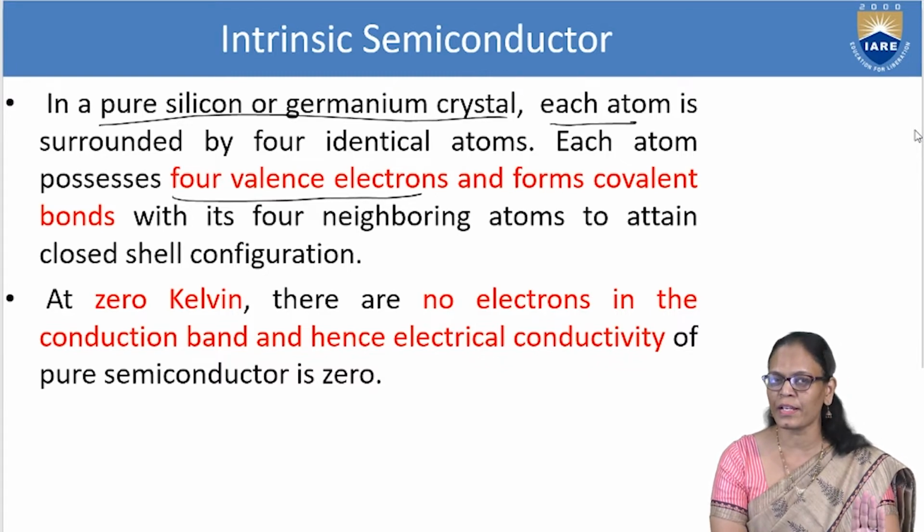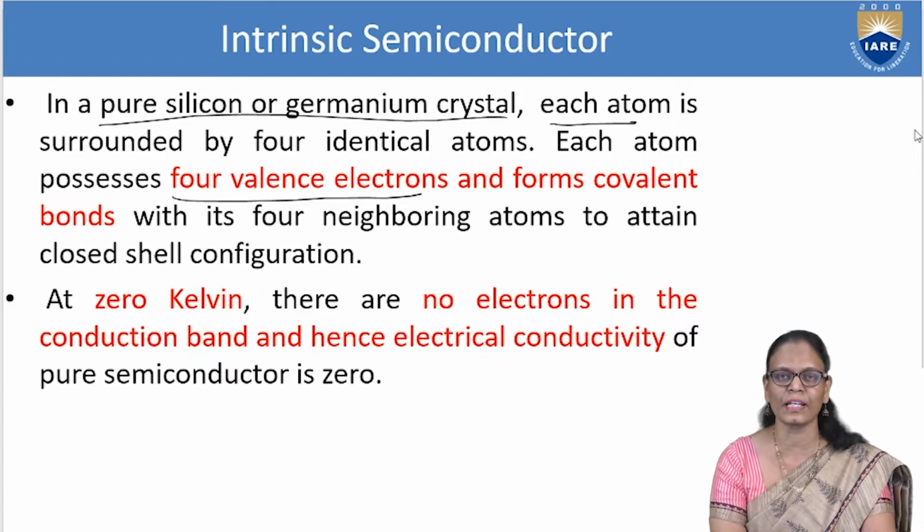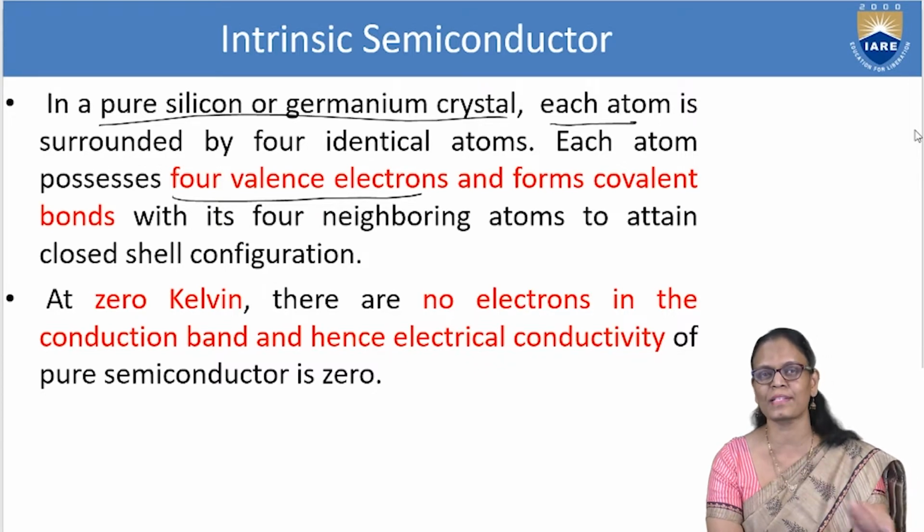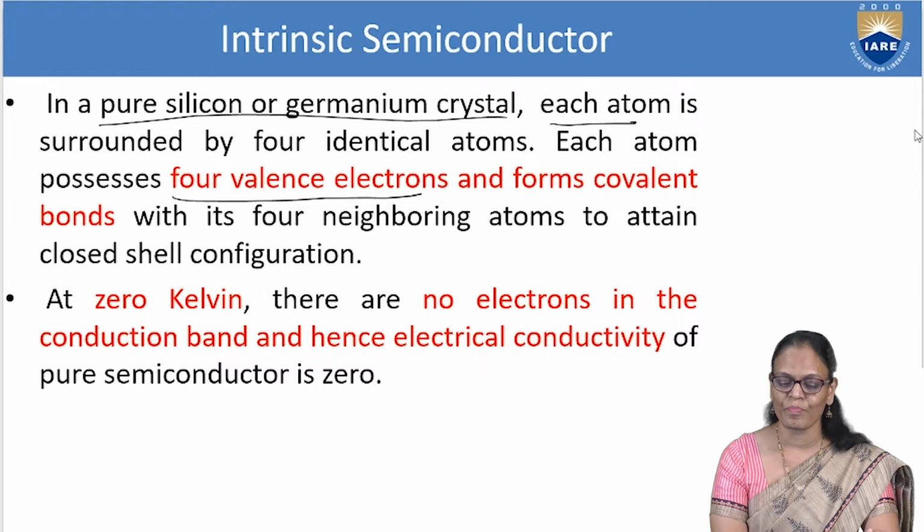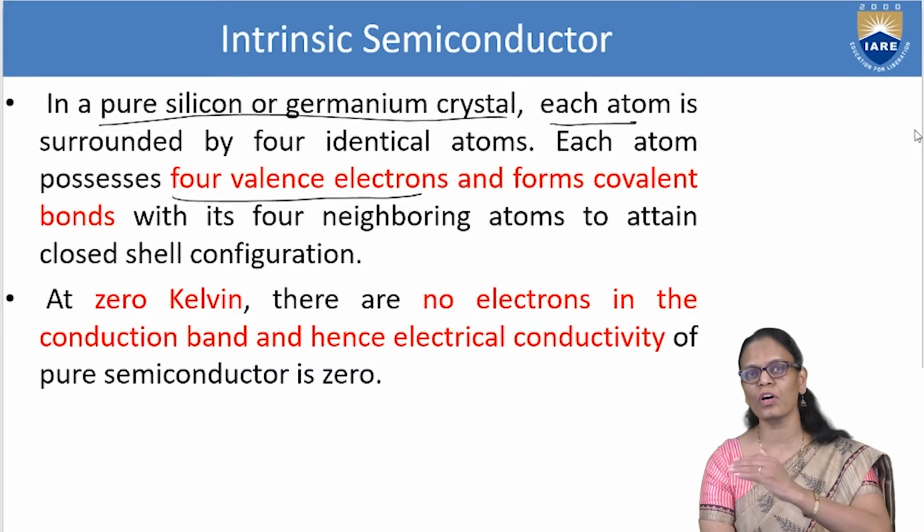Why 4 valence electrons? Because if you see the electronic configuration of silicon, you will see that all fourth group elements have 4 valence electrons. That is how they are placed in the periodic table. Now these 4 valence electrons, they form covalent bonds with the 4 neighboring atoms.